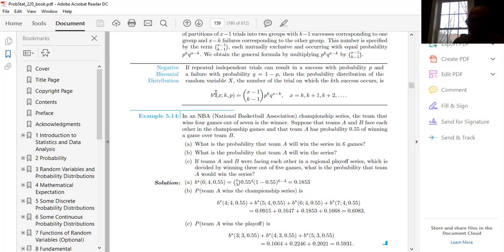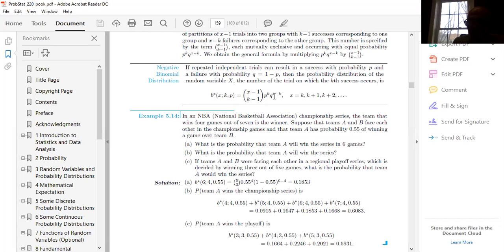That was N C X, P to the power X, Q to the power N minus X. The difference for negative binomial distribution is that X remains the same, but instead of N, I have K, because we are looking for the particular kth success. The definition is X minus 1 C K minus 1, P to the power K, and Q to the power X minus K. It's not N minus X now, it's X minus K.